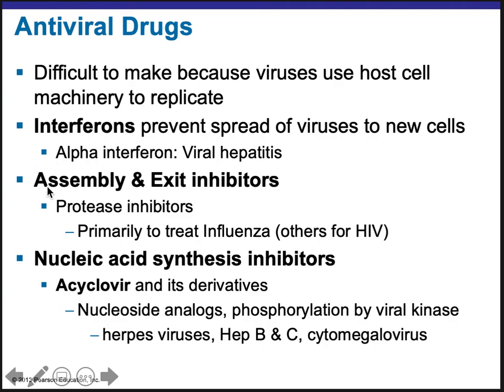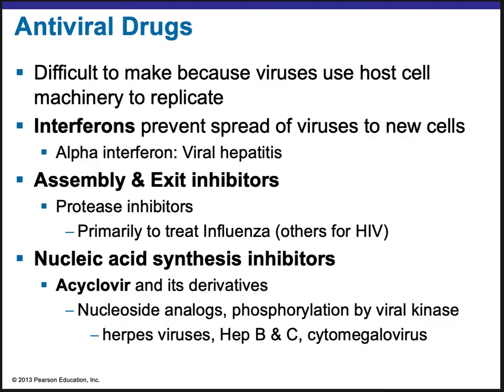Then we have antiviral drugs that target the assembly or the exiting of the virus life cycle, and we call these protease inhibitors. So you're inhibiting the enzyme that's putting together proteins. Protease is an enzyme that cleaves proteins, and a lot of times these viruses make one big thing that they cleave into small pieces and assemble.